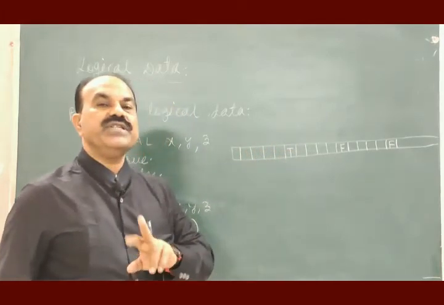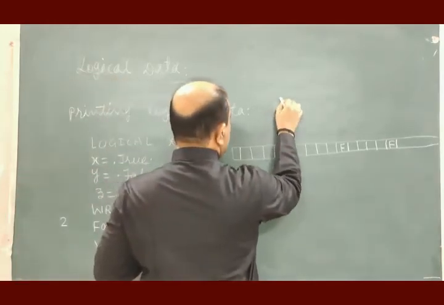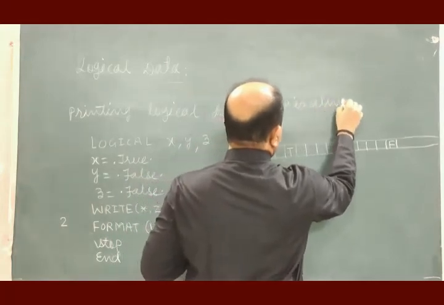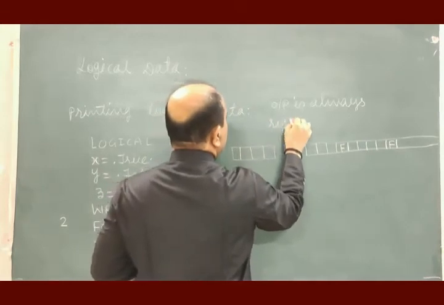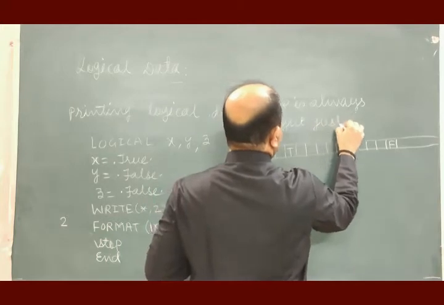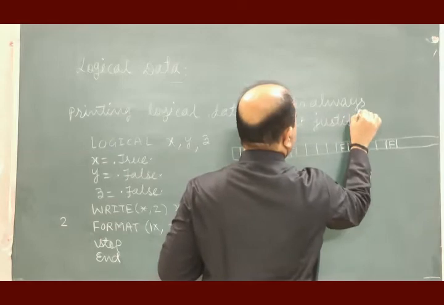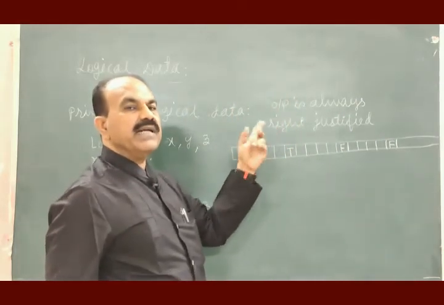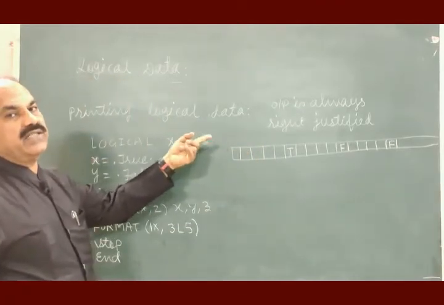The output is always right justified when we are printing logical data.